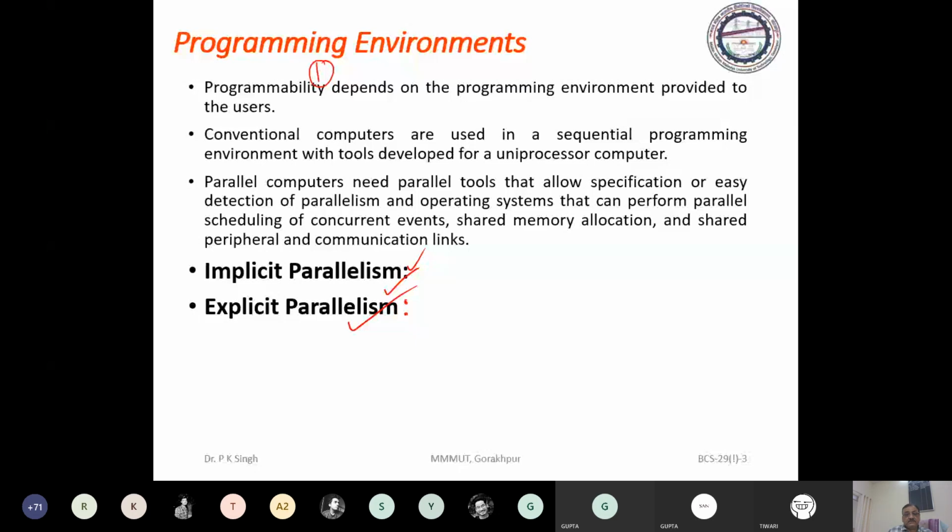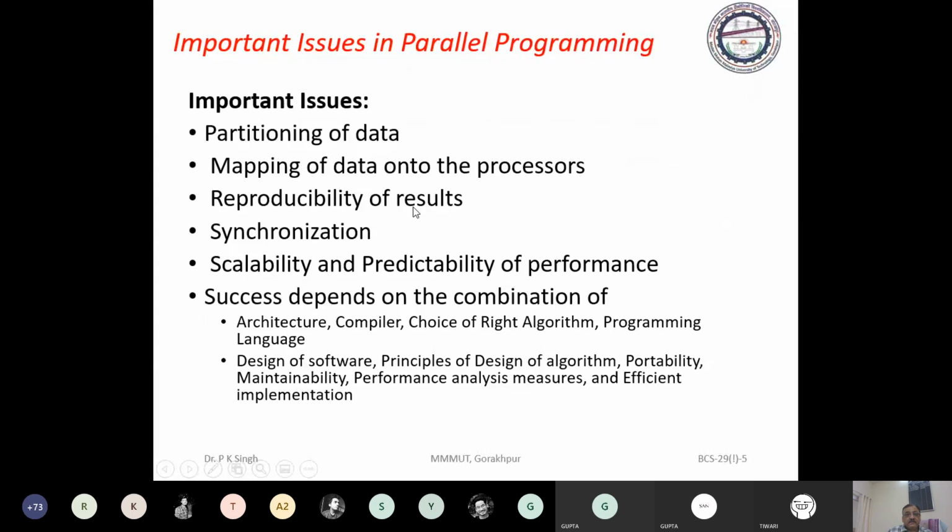Next is an important issue. If you can do the execution in parallel, then you have to face these issues. First, partitioning of data.